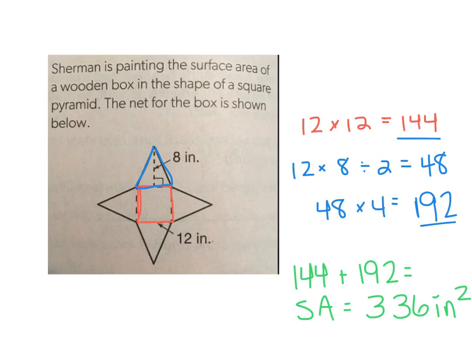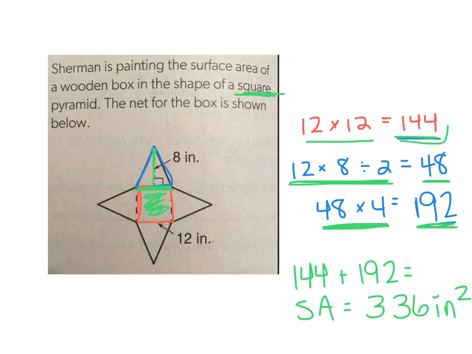Okay, so I started with the square right in the center here, and I see that one side is 12, and they told us that it's a square pyramid. That's how I knew for sure that figure was a square. So 12 times 12 is 144. That's the area of just the square. And then for the 4 triangles, the base was 12 and the height was 8, so I did 12 times 8 divided by 2 because it's a triangle, and that gave me 48, and then I took 48 times 4 because there are 4 of those triangles, and that was 192.